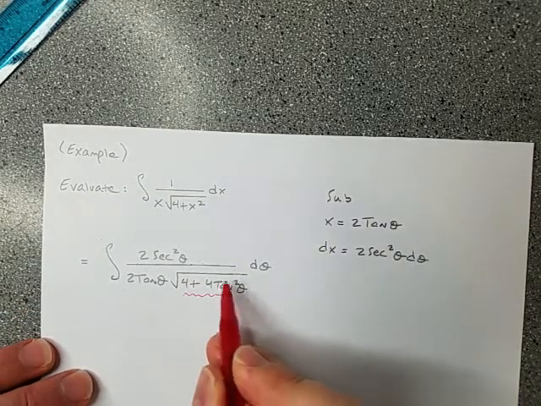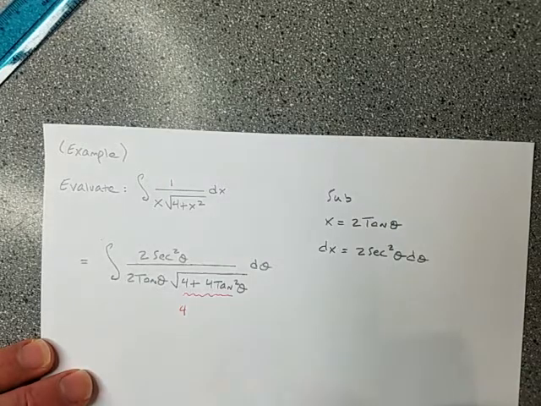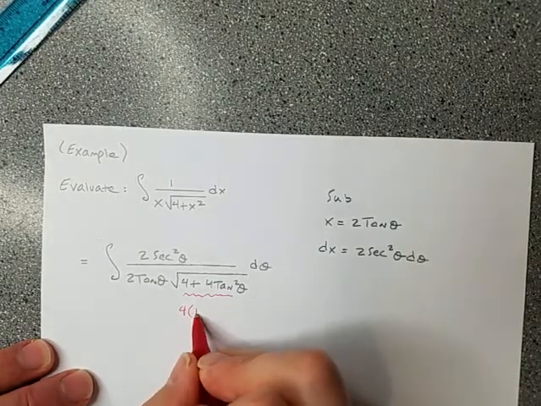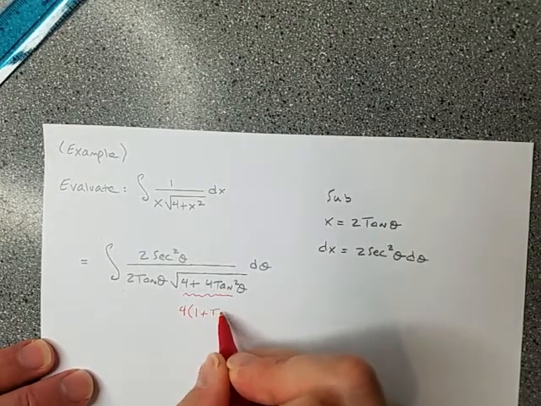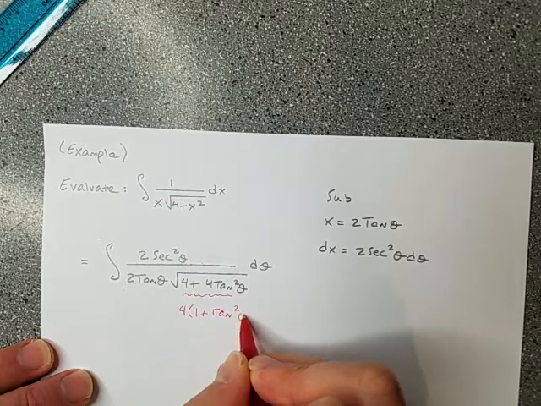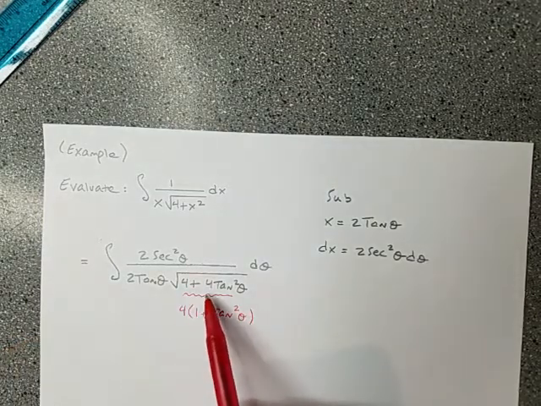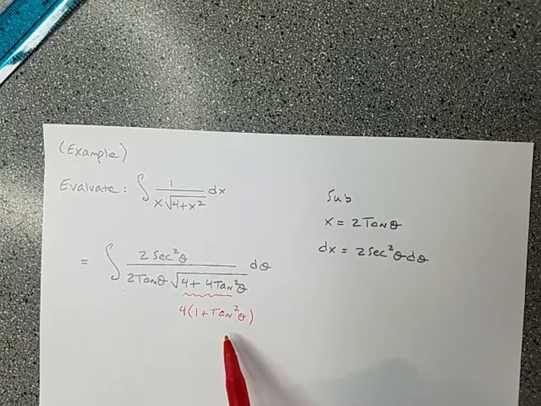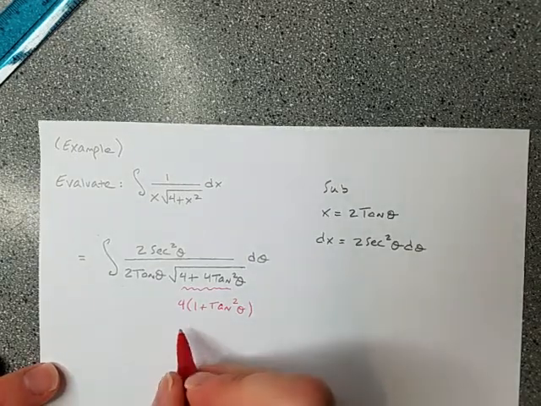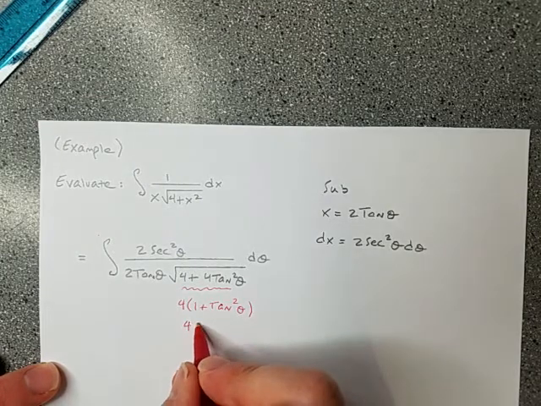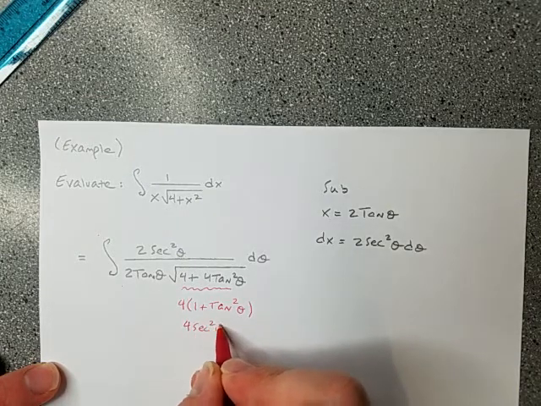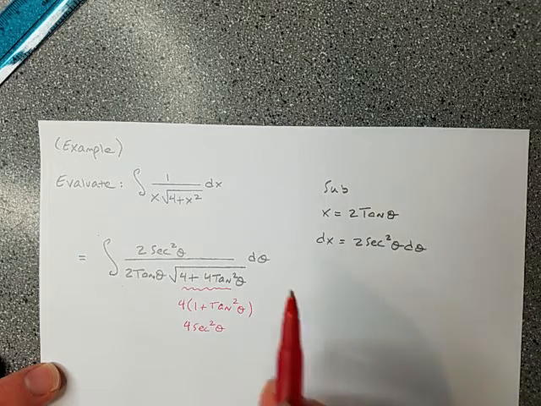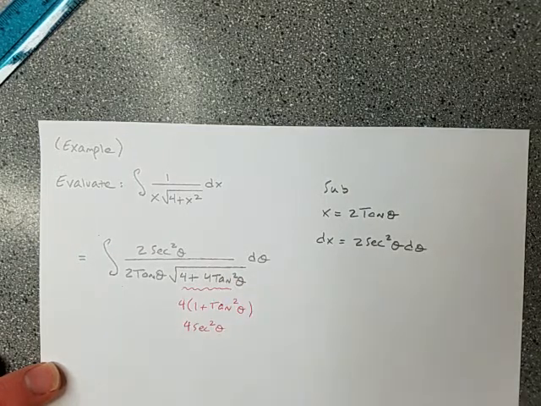So the part inside the root, suppose I factored out a 4. And I aim to do that because if I factor out a 4, I'm left with 1 plus tangent squared. And that simplifies by way of identity. 1 plus tangent squared by identity is secant squared. And that gives us a way to simplify this root right there. Okay? So that is what's sitting inside the root.